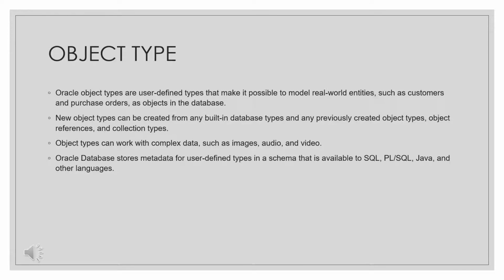So it basically means that whatever user-defined types or object types you are creating in PL/SQL or Oracle, the metadata, or the information about that object type, will be stored inside the Oracle database. Let's move on to our next topic.